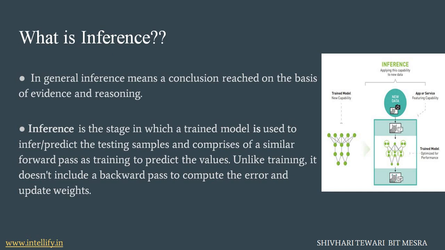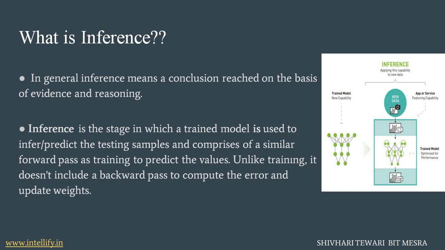So what is inference basically? Inference is the stage in which a trained model is used to infer or predict the testing samples, and comprises a similar forward pass as training to predict the values. Unlike training, it doesn't include a backward pass to compute the error and update weights.